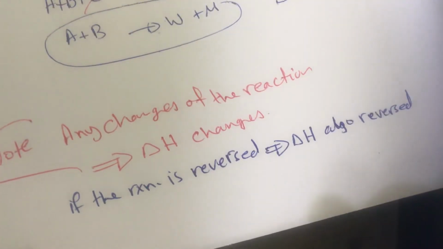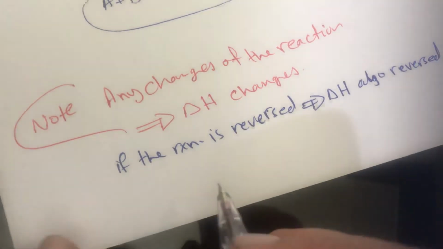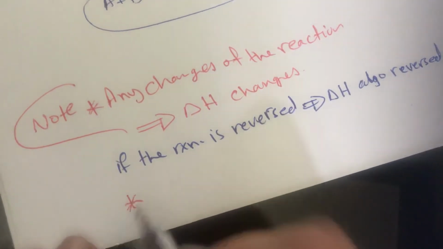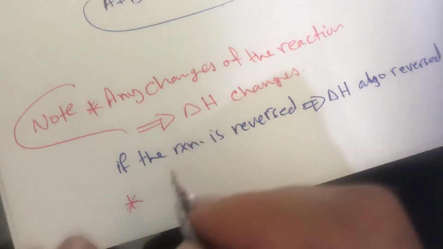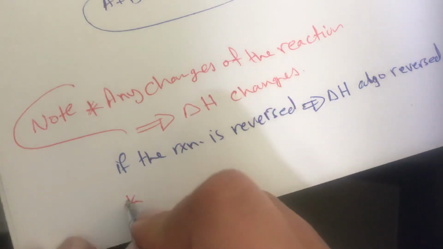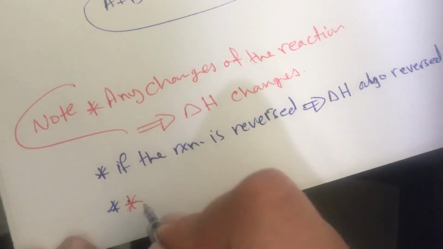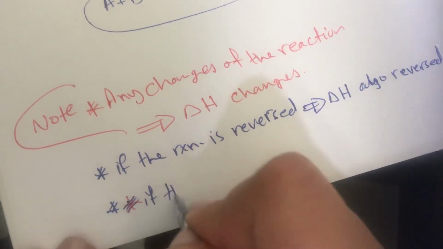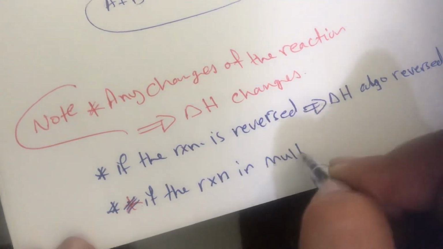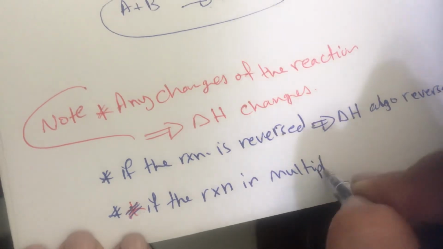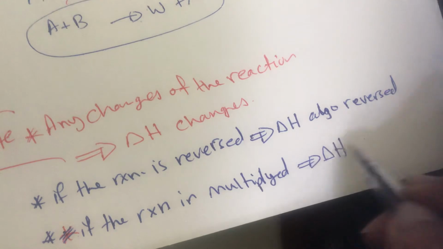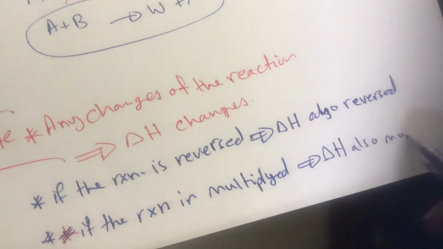You have to flip the sign. And you have to note that if the reaction is multiplied, so delta H is also multiplied.